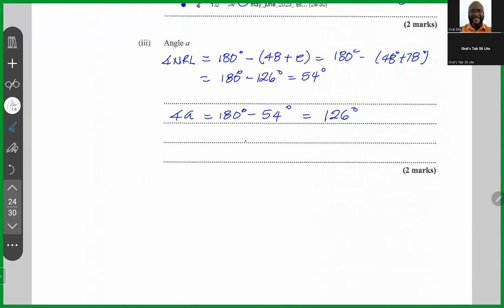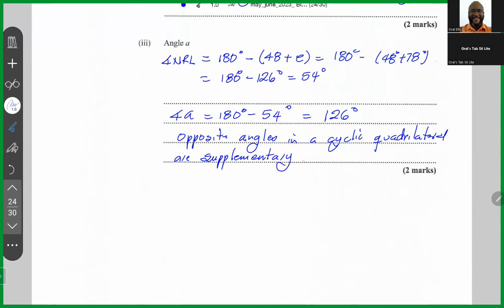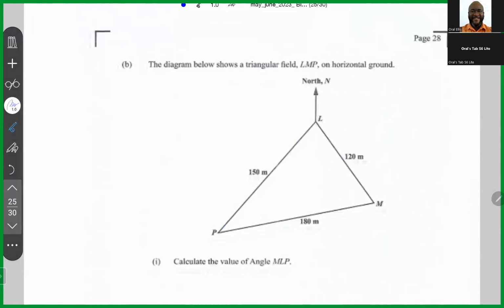They are opposite angles in a cyclic quadrilateral. Opposite angles in a cyclic quadrilateral are supplementary.